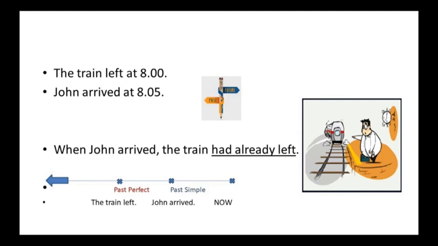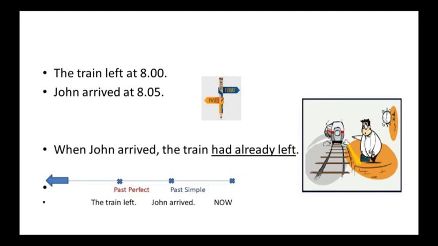So we could easily say the train left and then John arrived. But if we want to emphasize that the train left before John arrived, then we could say something like this. When John arrived, the train had already left.